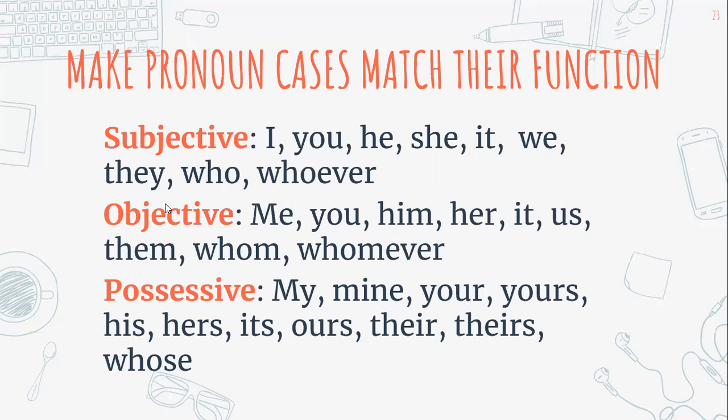Is it the object? Is it possessive? And with these different cases, you have different pronouns that allow you to know the role it plays in the sentence. So, if it's subject, I, you, he, she, it, we, they, who, whoever. If it's the object, me, you, him, her, it, us, them, whom, whomever. Possessive, my, mine, your, yours, etc., etc.